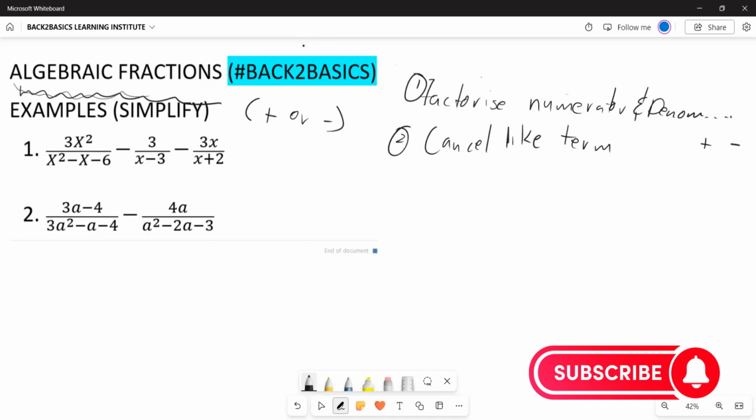Number 3 is that you need to look for your LCD. You need to always find the lowest common denominator.